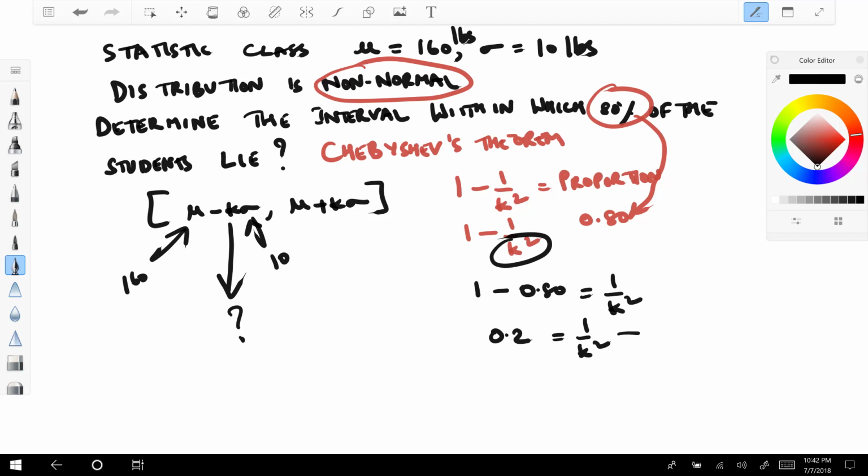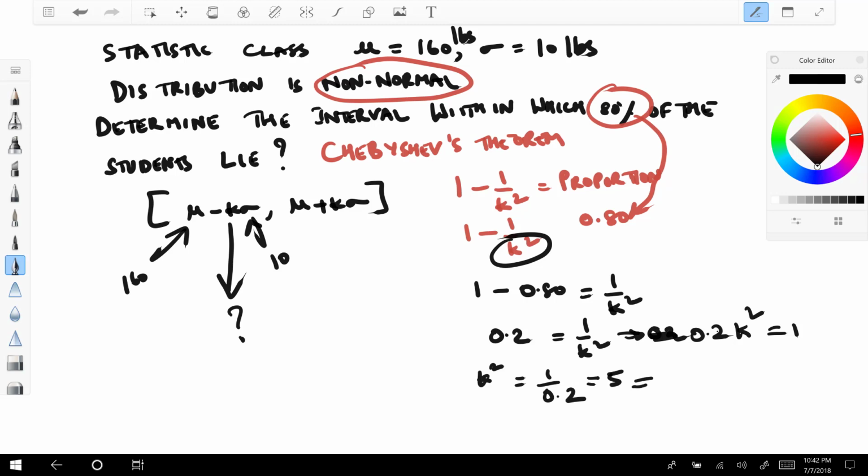So I can write 0.2 k square is equal to 1. So k square is equal to 1 divided by 0.2, which is 5.